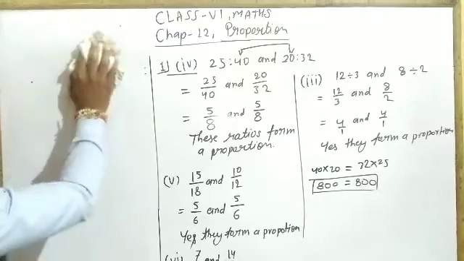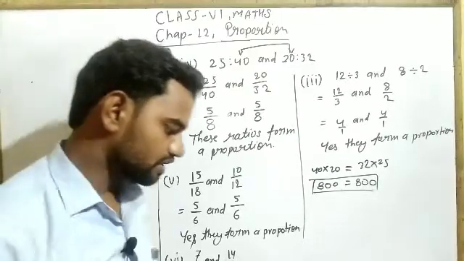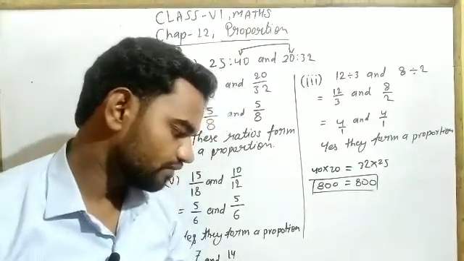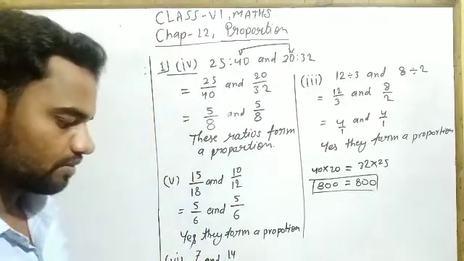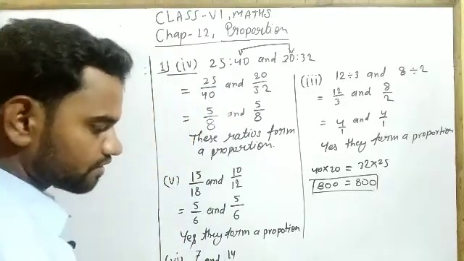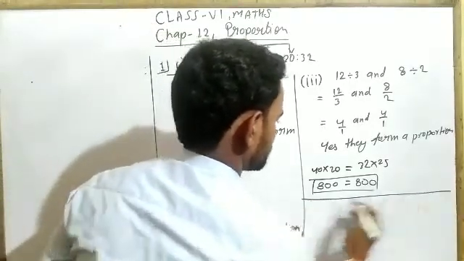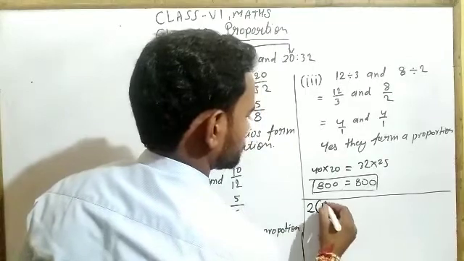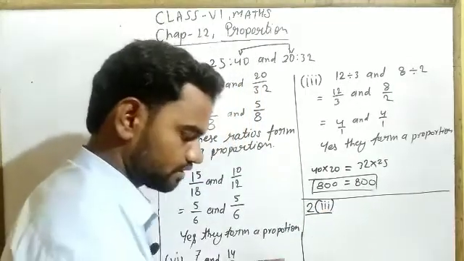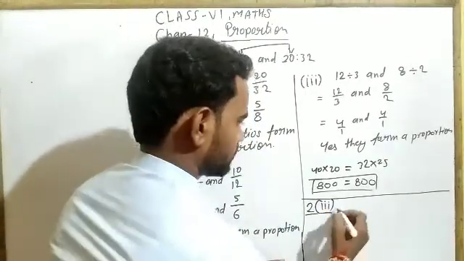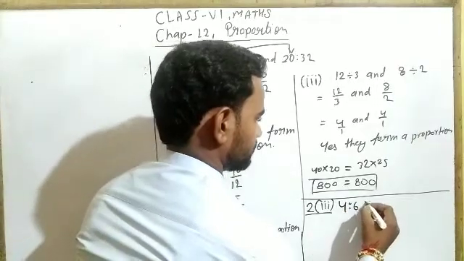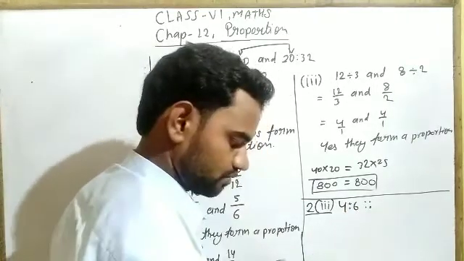So let's start question number 2. Question number 2 tells us to find the value of x in each of the following cases. Part third we will solve first. Part third is 4:6 equal to x:18.